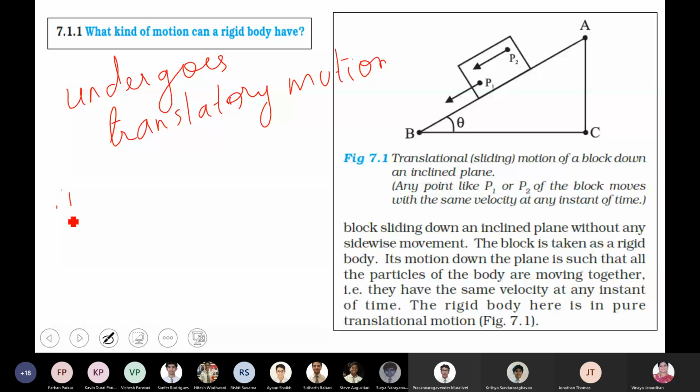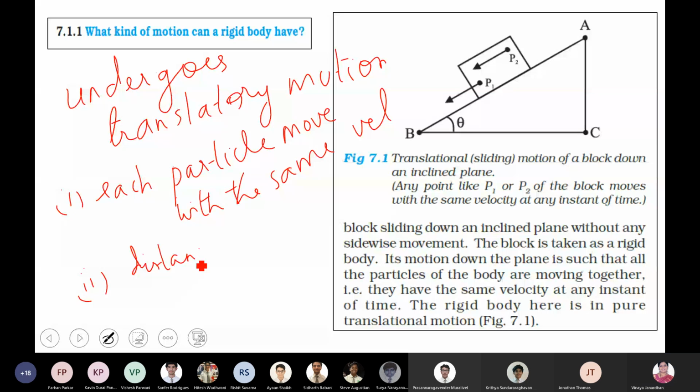Then the distance between particles will not change. Third one is that the dimension or the shape of the body will not change. So when the body undergoes a motion when it is subjected to a force, the shape of the body will not change.